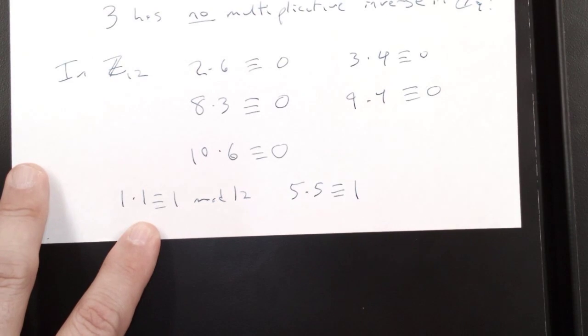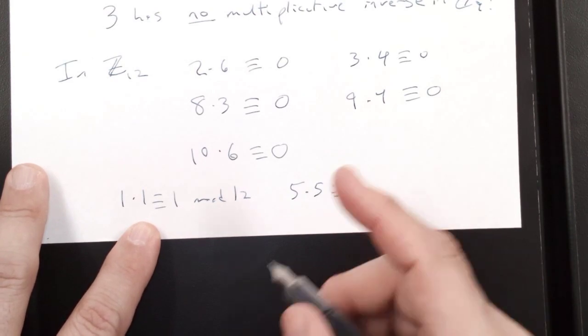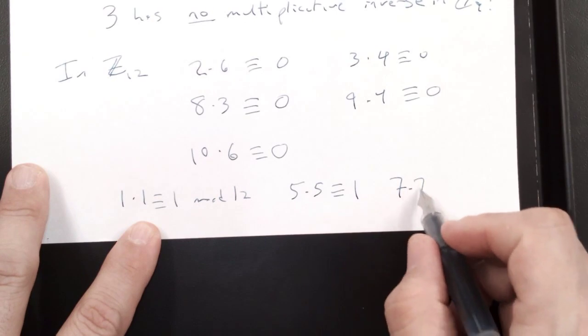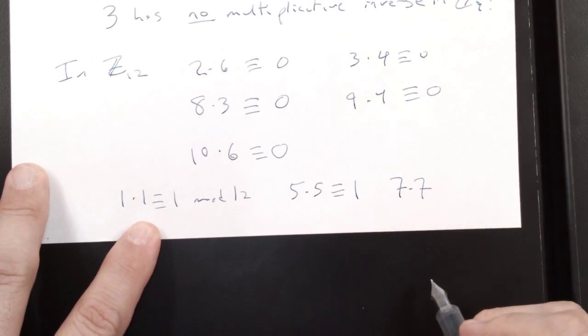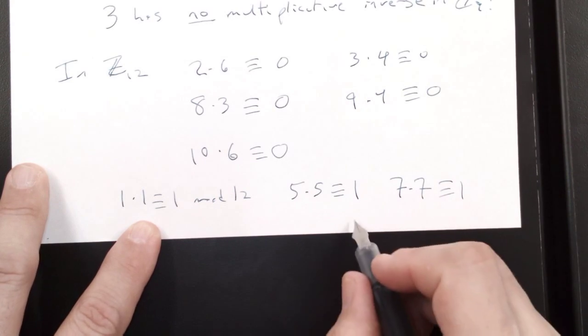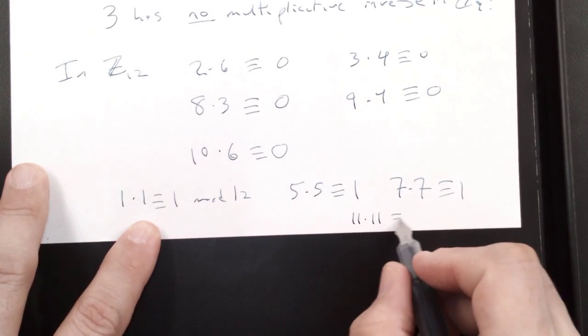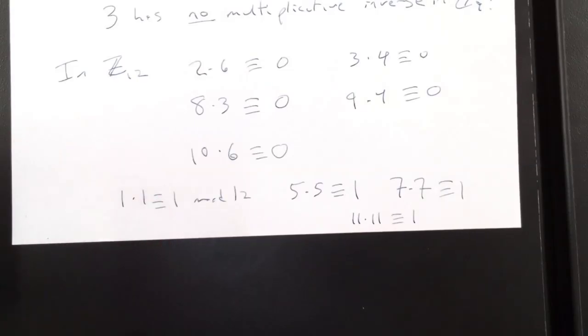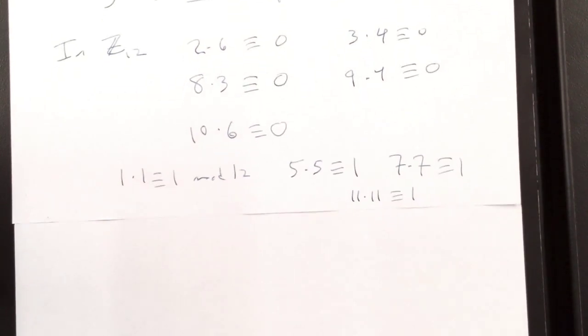That's one more than a multiple of 12. 7 times 7 is 49, which is one more than a multiple of 12. 11 times 11, 121, one more than a multiple of 12. Okay, wait a minute. We just divided up the numbers mod 12 into two groups. The ones that do have inverses and the ones that don't.